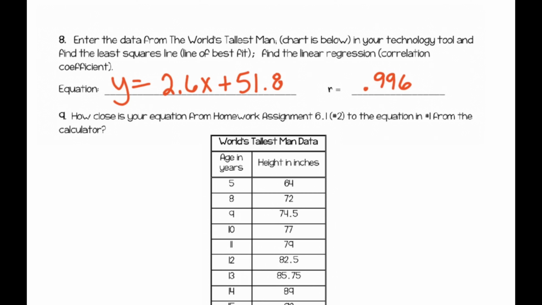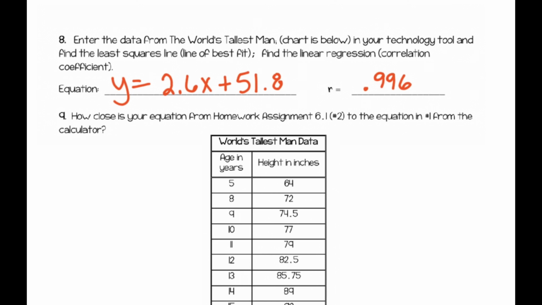Okay, so you are now going to practice with your assignment with your calculator, and make sure that you're putting things in right. Go back and look at the steps in your book if you need to, but make sure you're able to use your calculator to find the line of best fit and the correlation coefficient.